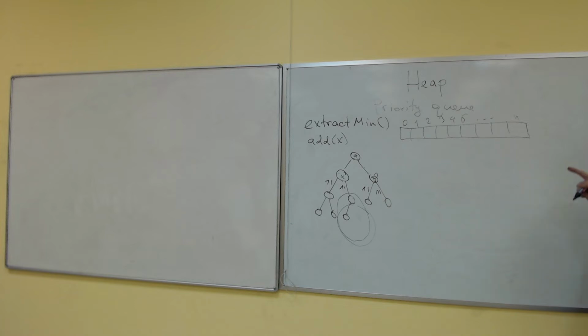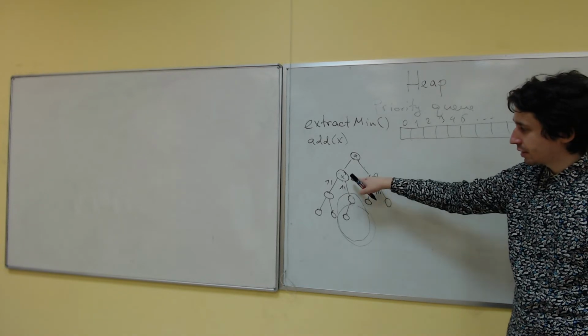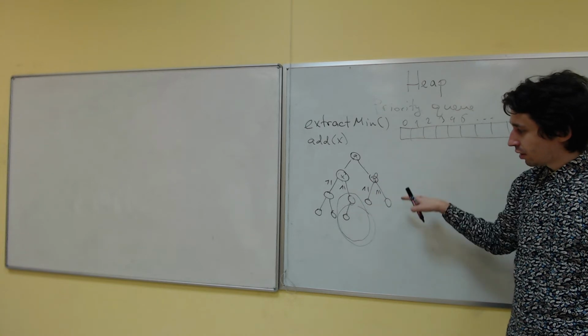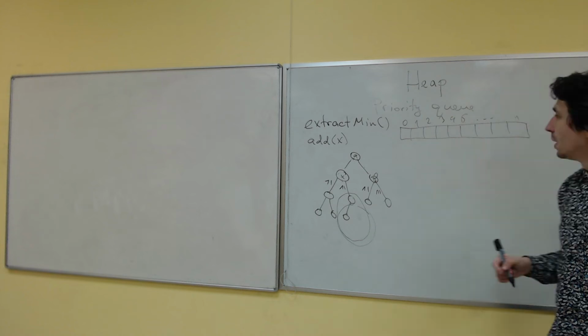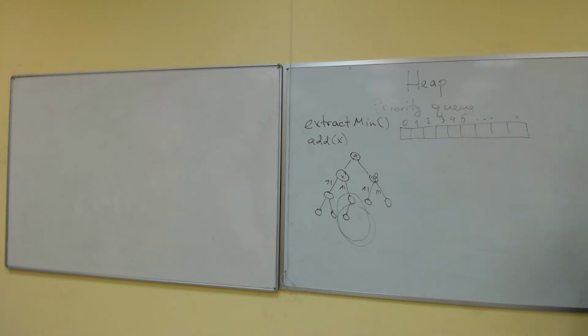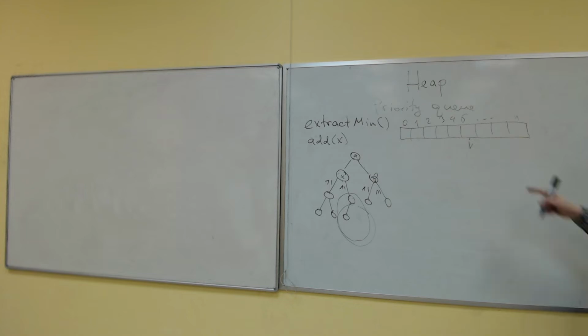They're consecutive because this is exactly how we build this tree, continuously growing from left to right. So the question is, let us take an element i. Who will be the parent of the ith?